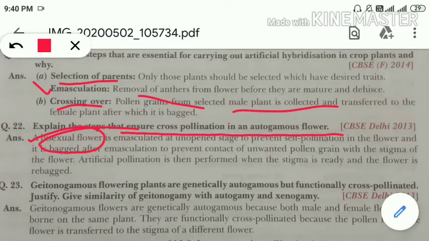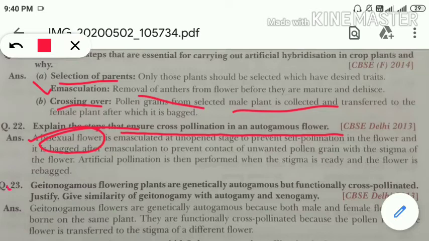In all outbreeding devices we have seen that the flower is bisexual, except in dioecious plants where the complete plant is unisexual. Rest all things like dichogamy, different positions of the anther and stigma, or protandry or protogyny conditions are there.